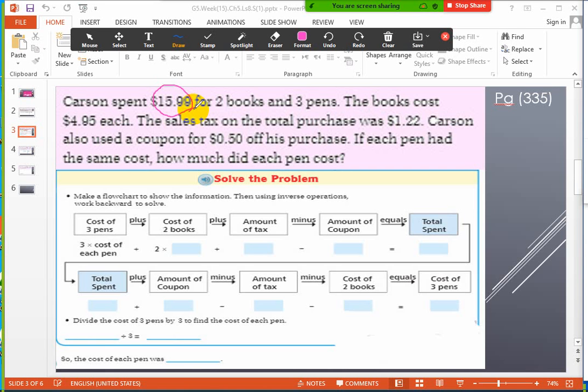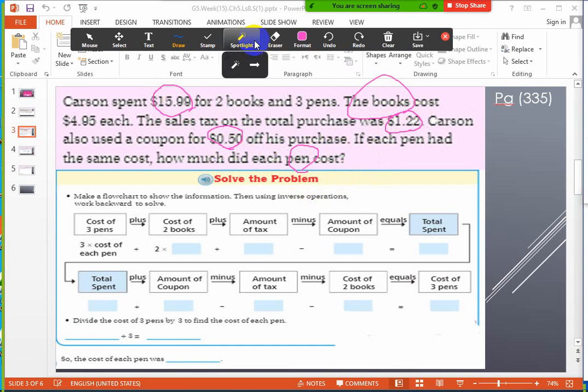Okay, that means this money I have to break it into the amount for the books and the amount for the pens. Also, he mentioned a tax, that means a VAT, and also a discount.